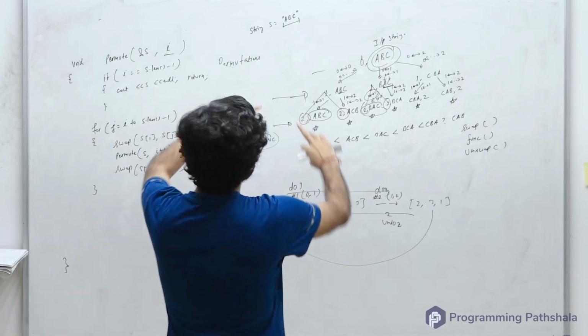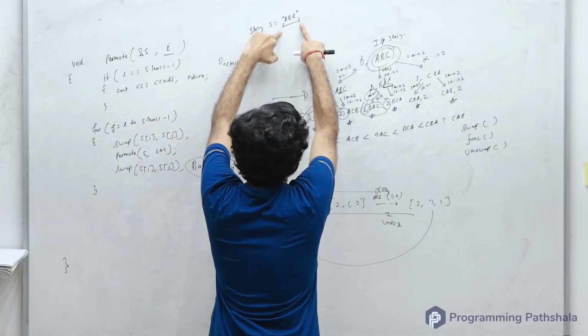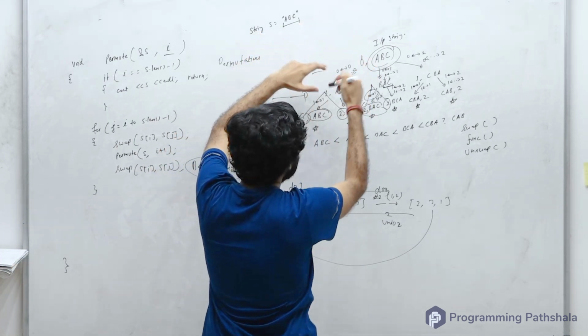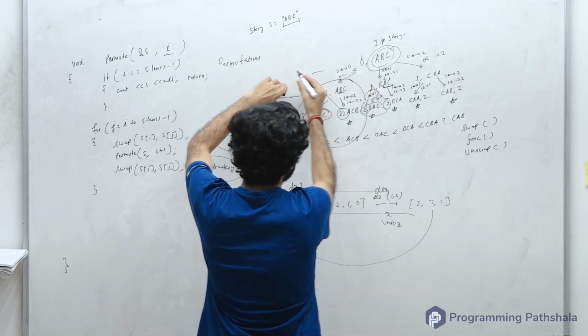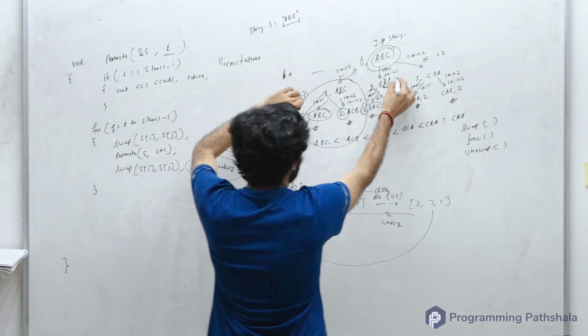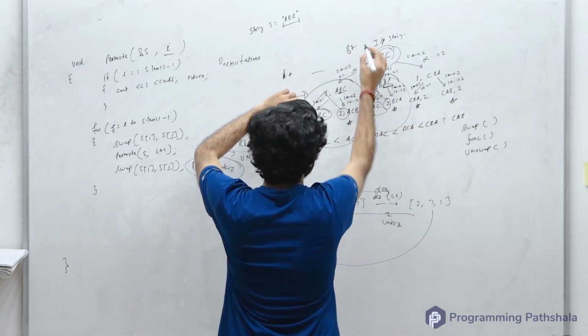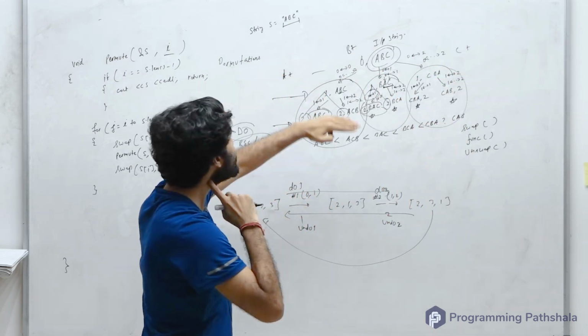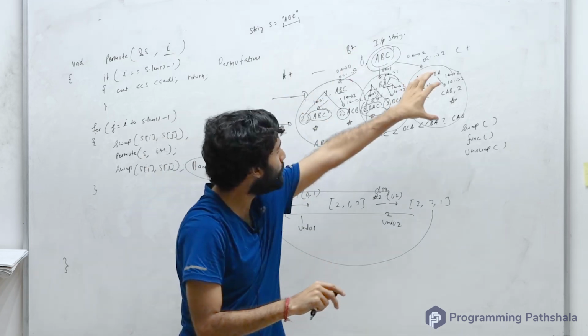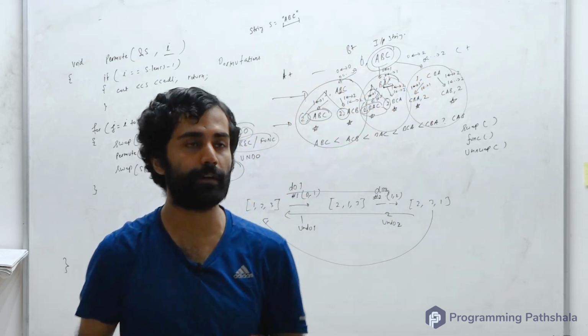See, if the string is sorted, then what did I say? I said that first I am going to generate all the strings that start with A, and then all the strings that start with B, and then all the strings that start with C. So this gives us a hint that it should print the things out in lexicographic manner.